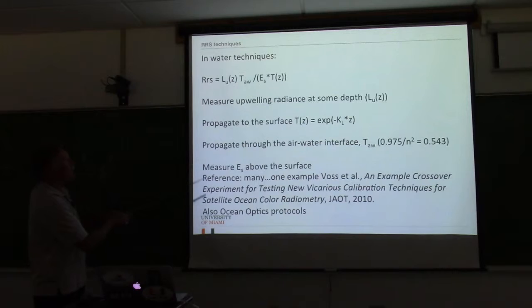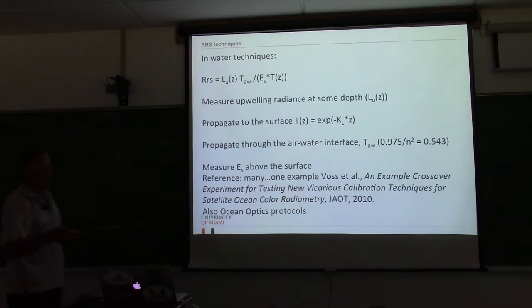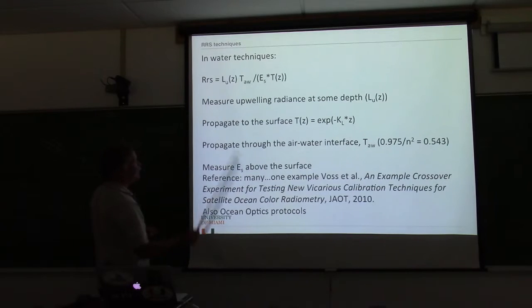This factor is basically to take the radiance you've measured at some depth and bring it up to the surface, so the transmission of the water. So you have to account for all these things to calculate Rrs.